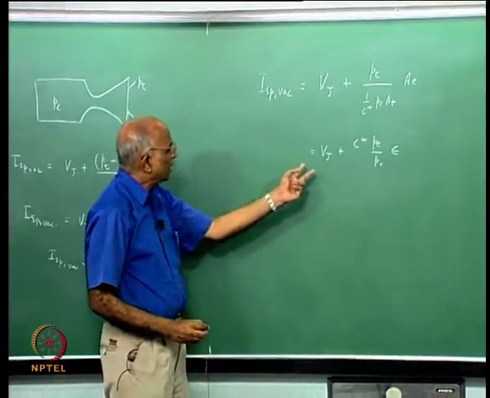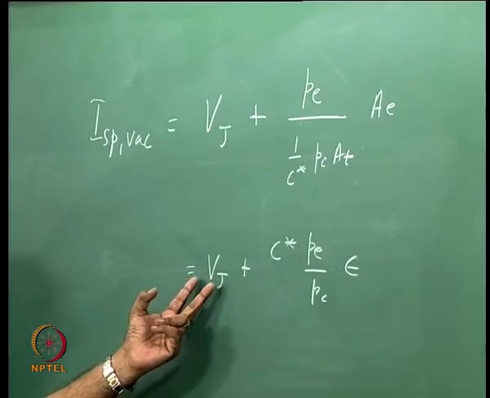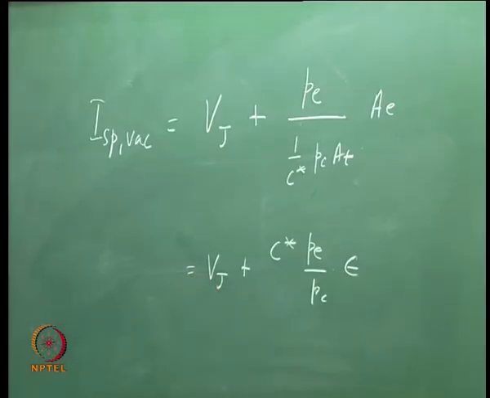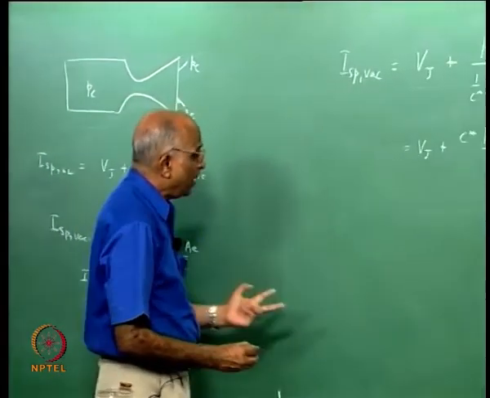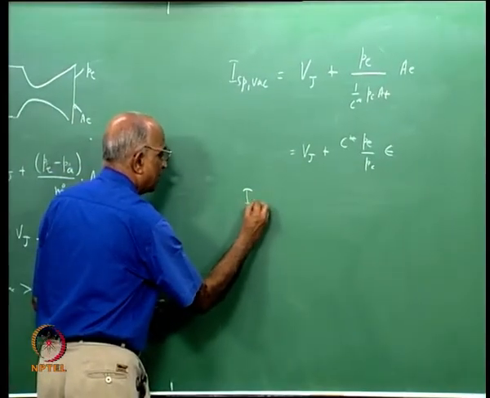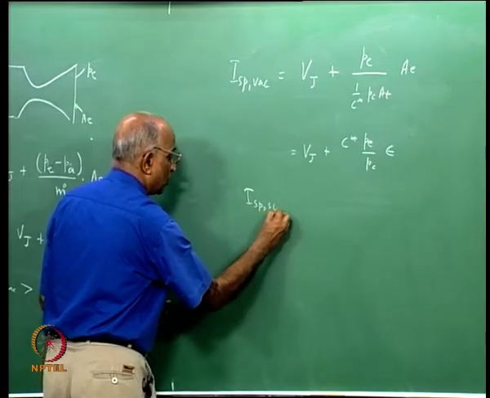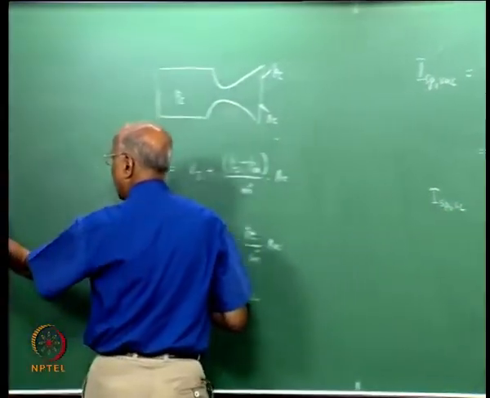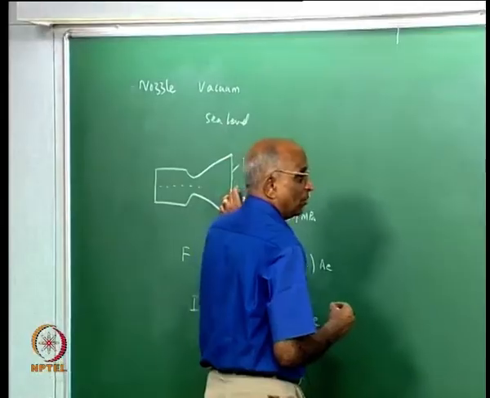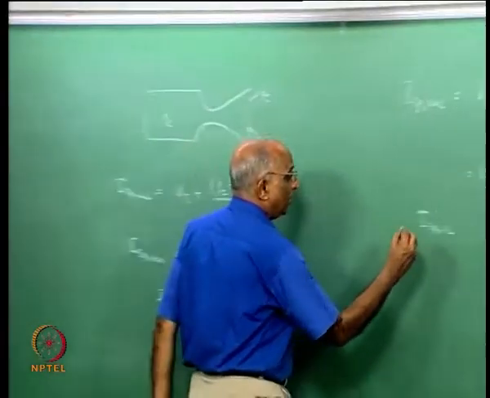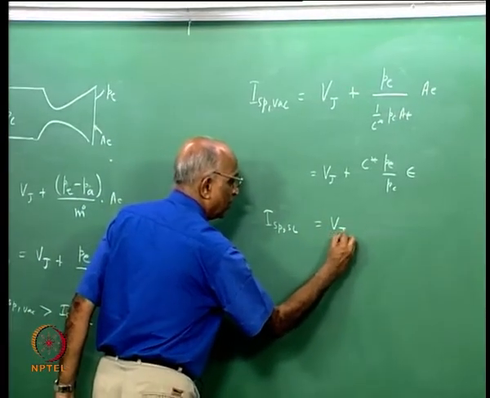In other words, compared to a nozzle which gave me Vj plus this value here, I get a much higher value. If this particular nozzle at sea level was such that I had optimum expansion, namely Pe was equal to Pa, the ISP at sea level would have been just Vj alone.